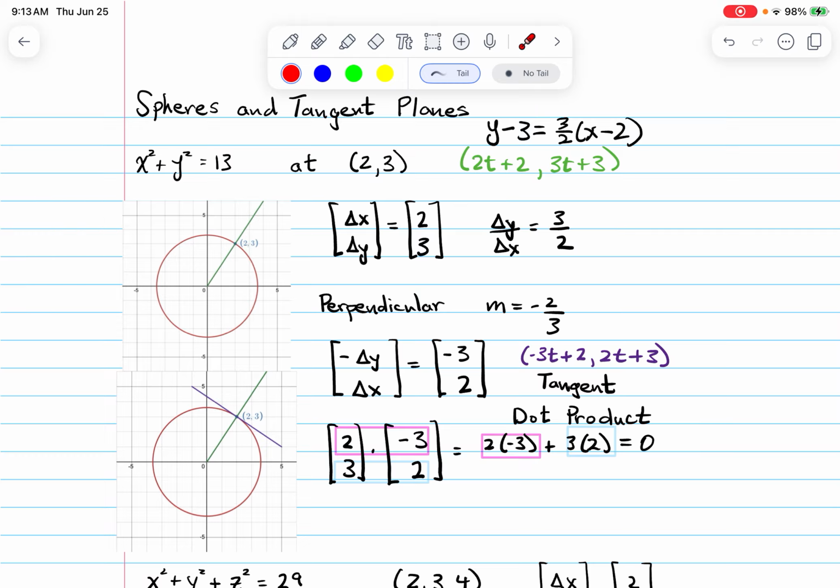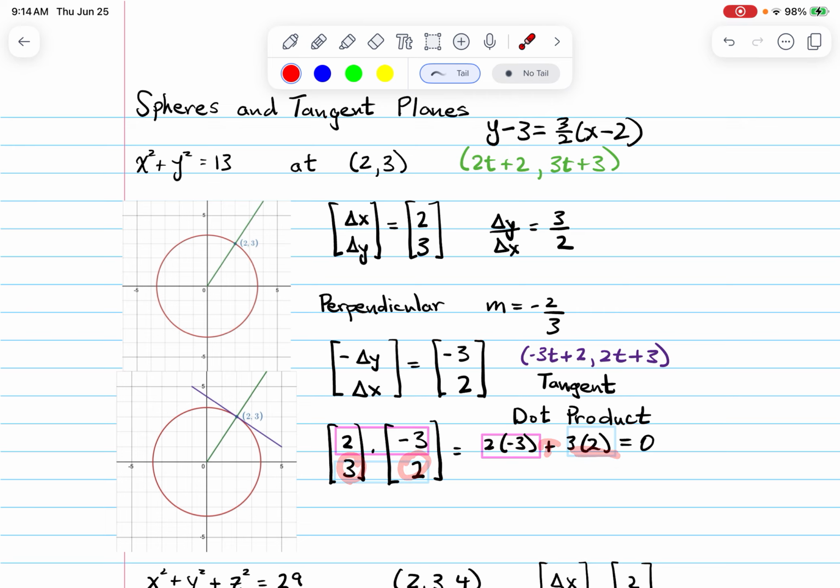Now, I want to look at a property of when we set up a little array like this one and like this one, we can use this thing called the dot product. And here's what happens. Notice if I take the top numbers and multiply them together, 2 times negative 3 right here, and then the bottom numbers, and I put plus 3 times 2.